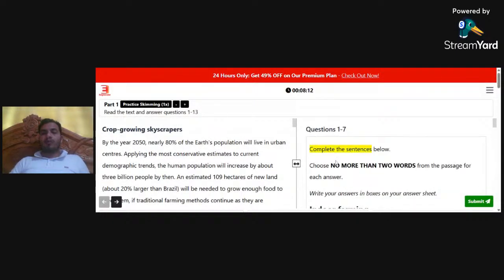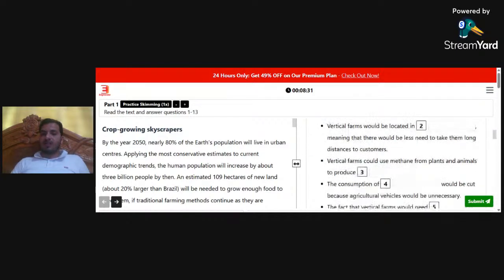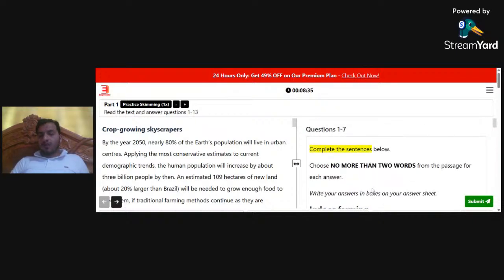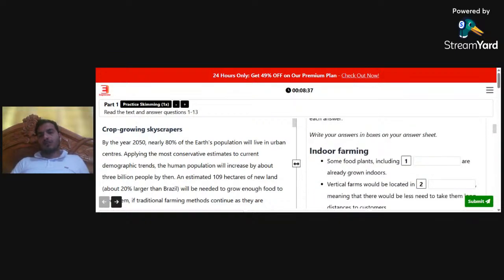Sometimes you have to complete sentences, sometimes notes, sometimes a summary, sometimes it is gap filling. Completing sentences is also a kind of gap filling, but there is a little bit of difference between them.